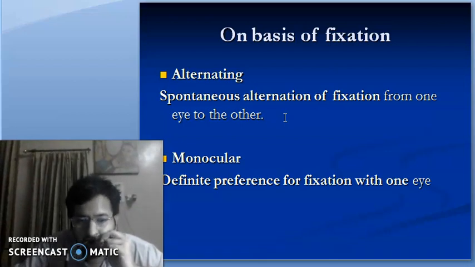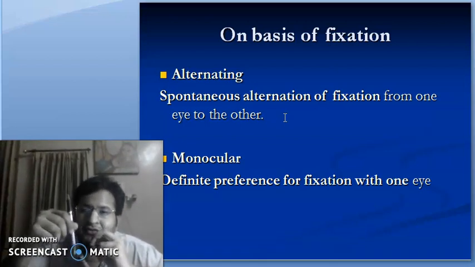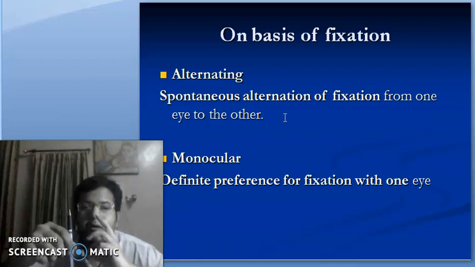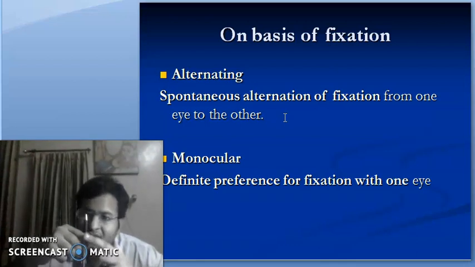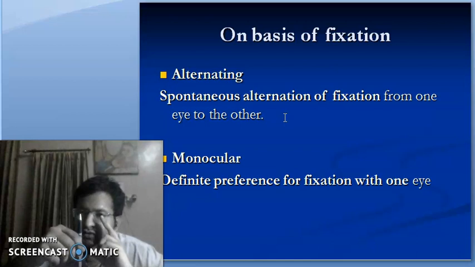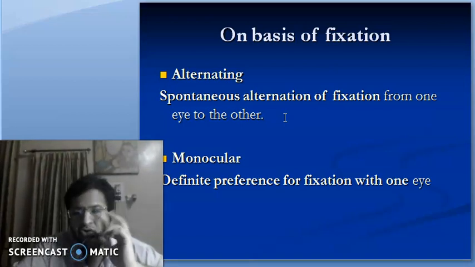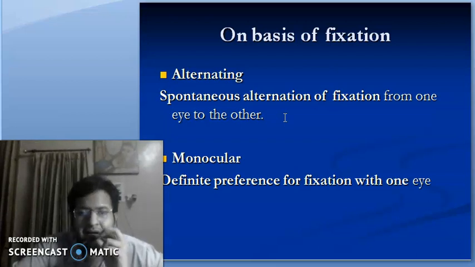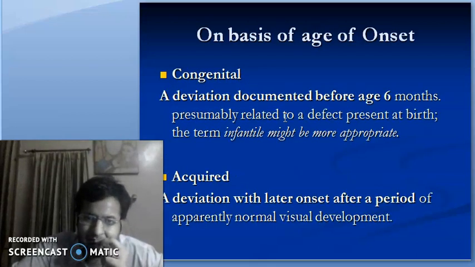It is monocular when there is a definite preference for fixation with one eye. For example, if my right eye constantly focuses on this object and my left eye is always in a strabismic position, always lying outwards or inwards, it is known as monocular strabismus.